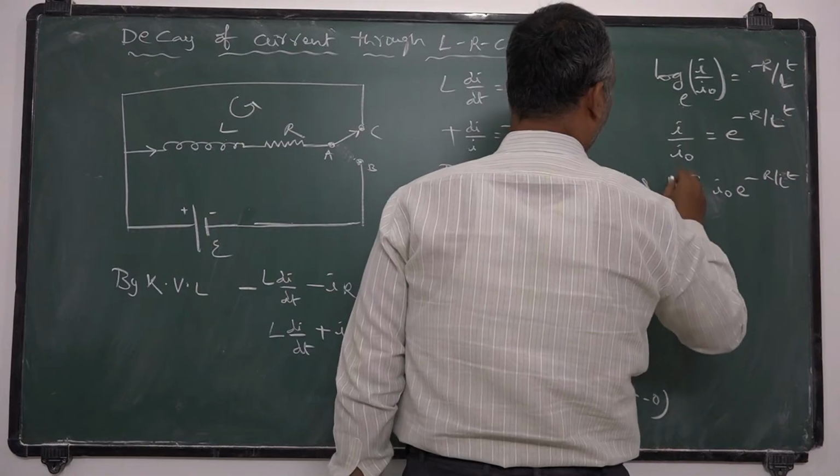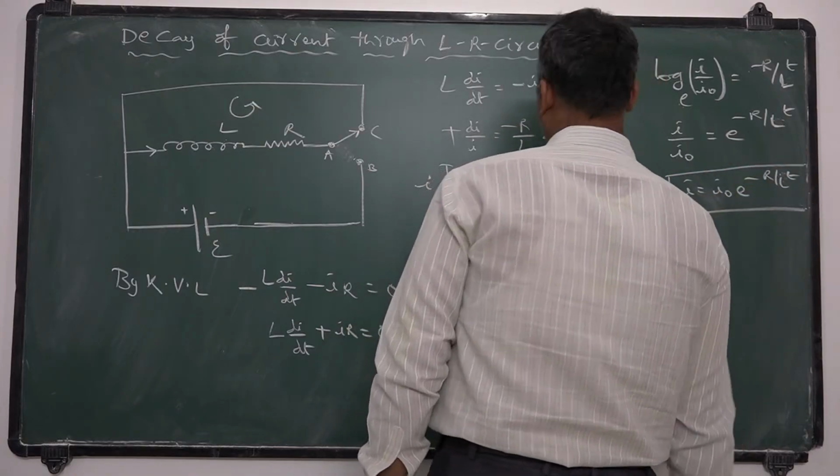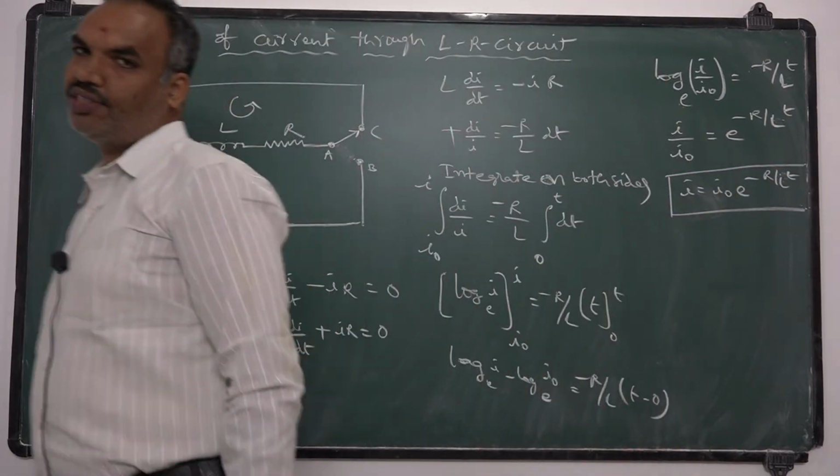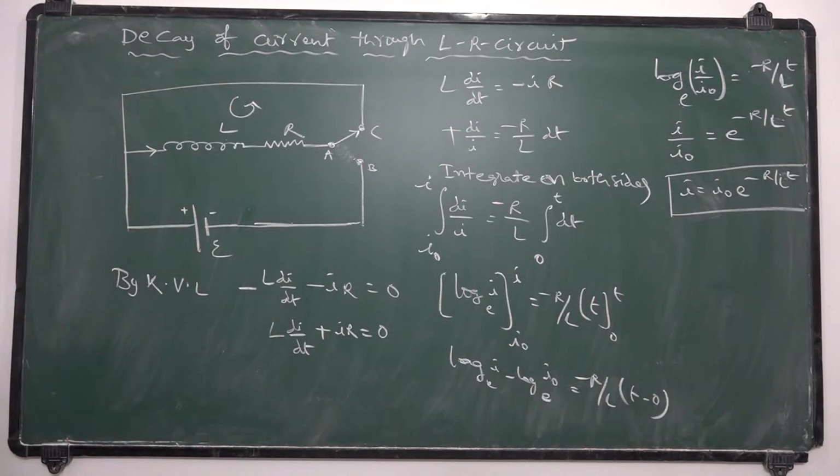This is the general formula for decay of current through an LR circuit as shown in figure.